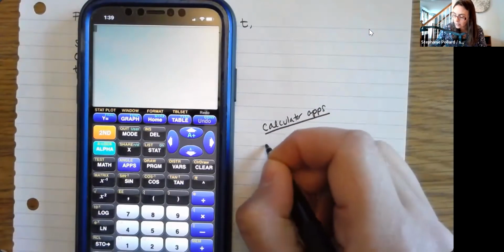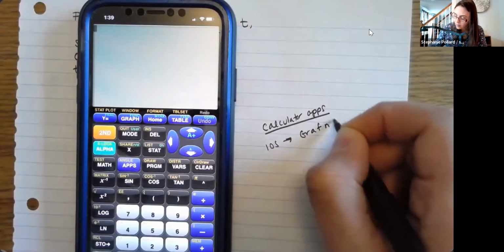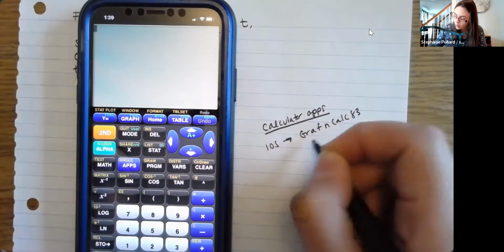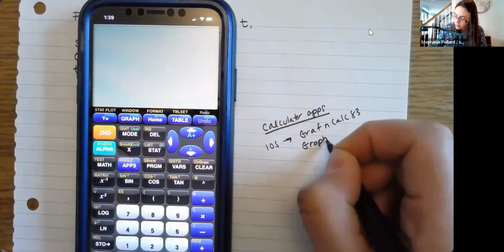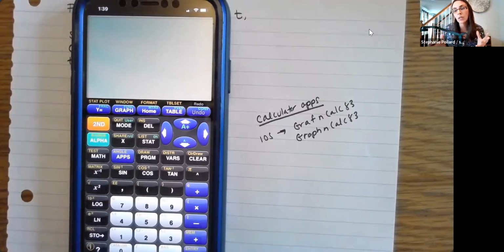I have iOS, so I have an iPhone, and it's often called Graph and Calc 83. It's spelled differently depending on how they update it. It's around $6, so it still costs a little bit of money, but it's much cheaper than a TI 83 or 84, and it works exactly the same, and it's on your phone, so I really like it.